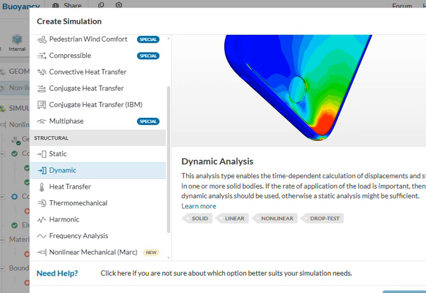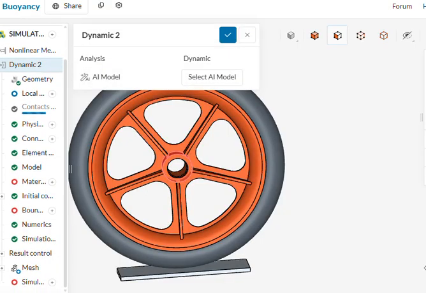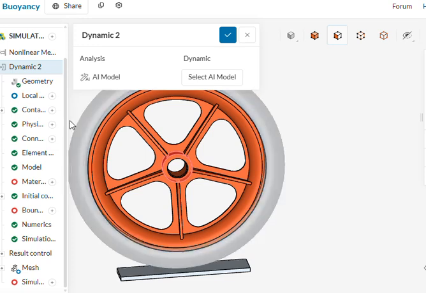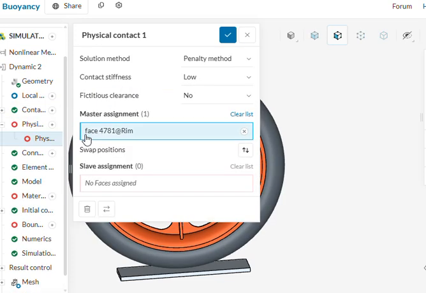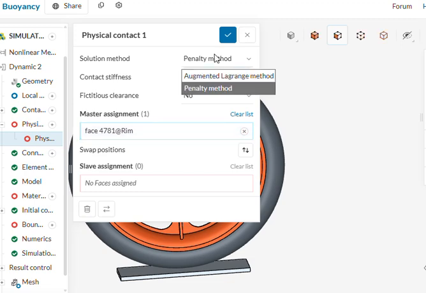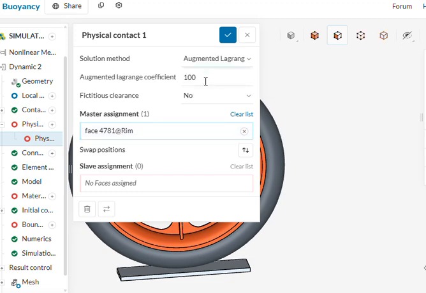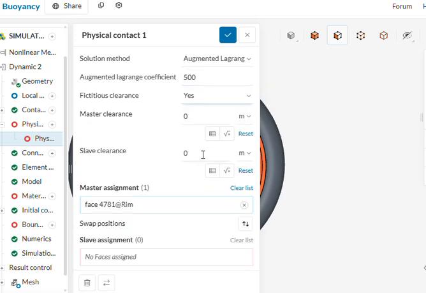Make it dynamic. So we can see it. Fictitious clearance.